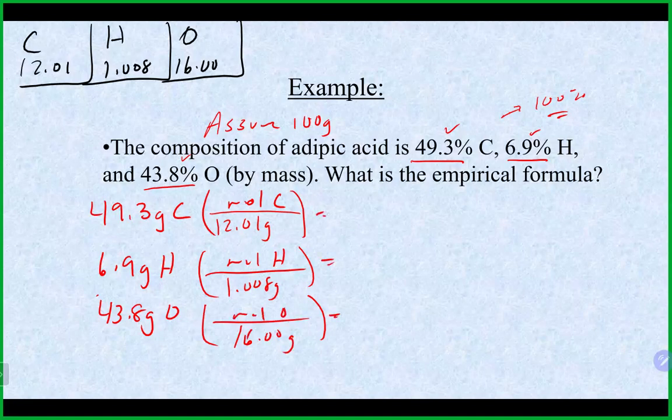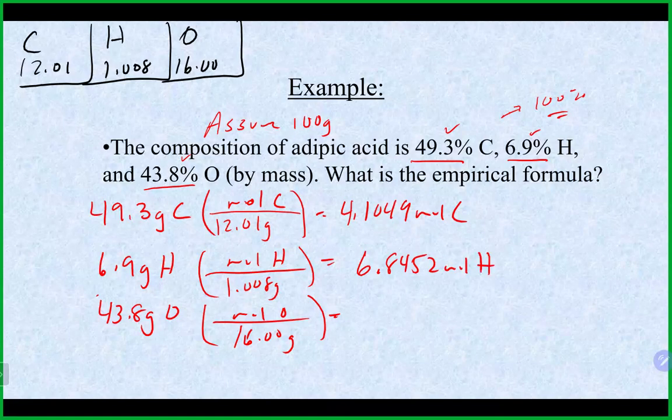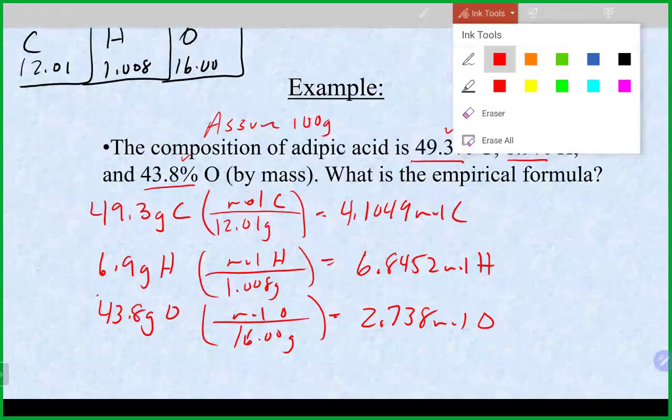So that's going to now give us moles of everybody. 49.3 divided by 12.01 is going to get us, we'll call it 4.1049 moles of carbon, 6.9 divided by 1.008, 6.8452 moles of hydrogen, and lastly 43.8 divided by 16, 2.738 moles of oxygen. Any questions so far up to that point?